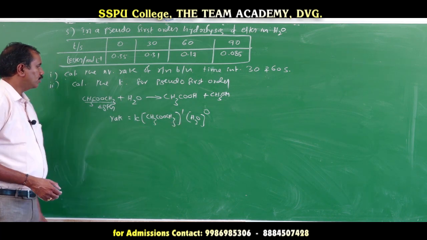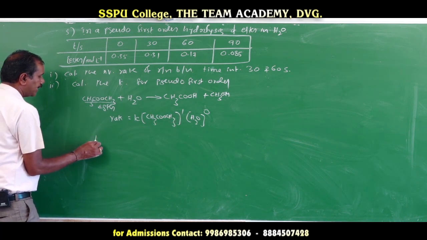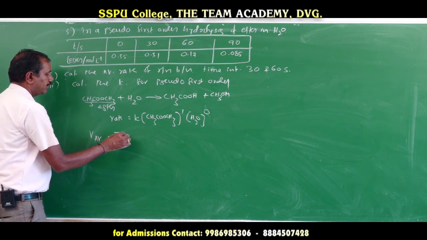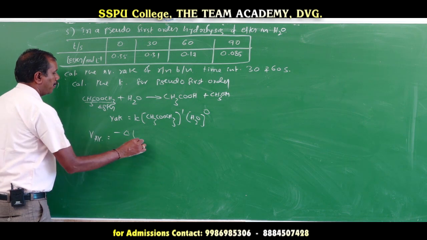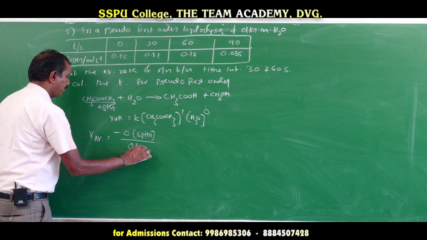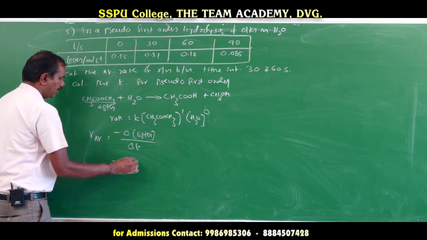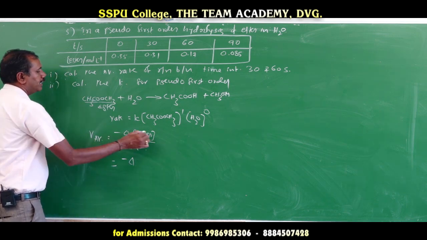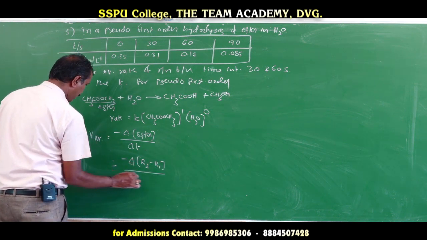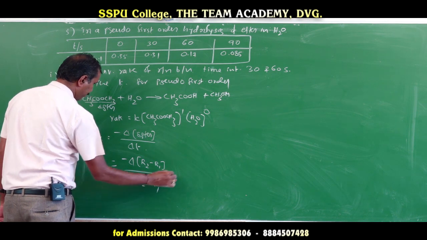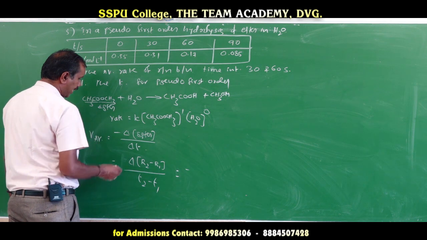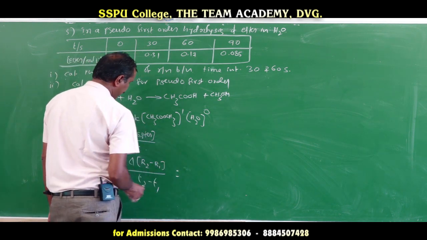So average velocity is V average equals minus delta ester divided by delta T, the changing concentration. We may write it as R2 minus R1 by T2 minus T1. You remove that sign, there is no negative velocity.